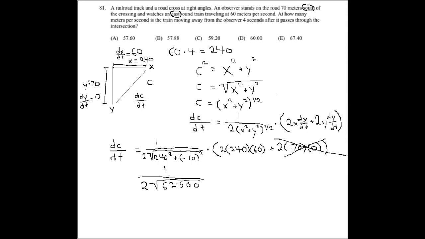Take the square root of that, we get 250, leaving us with a fraction of 1 over 2 times 250, or 1 over 500.